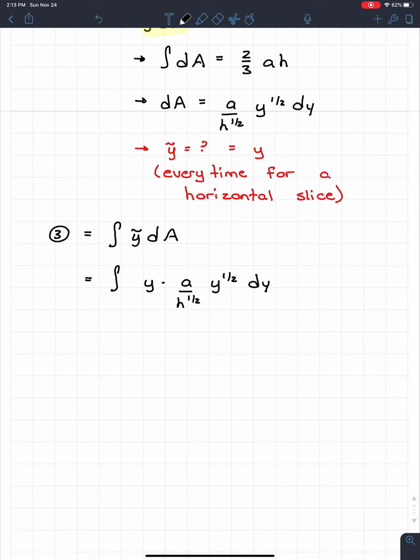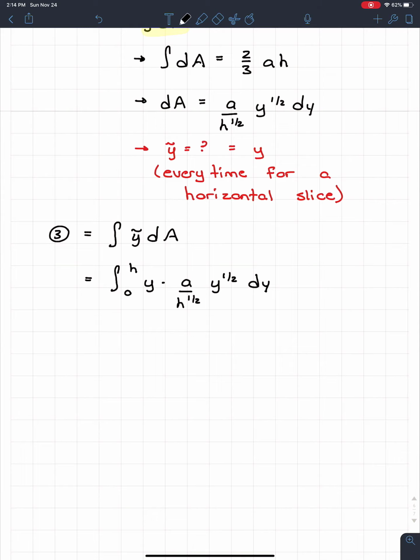And since we're still doing dy, remember, we're still taking a horizontal slice, our bounds are still going to be from 0 to h. And that's another trick. If you're doing a horizontal slice, it'll always be along the y-axis. So we're still going from 0 to h.